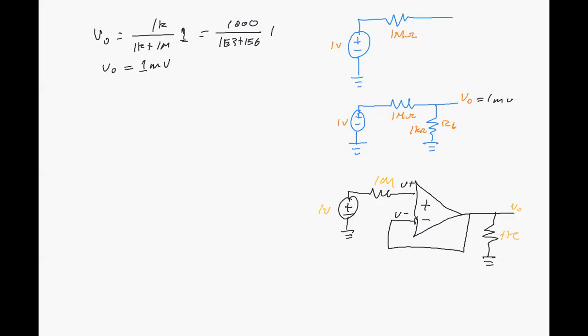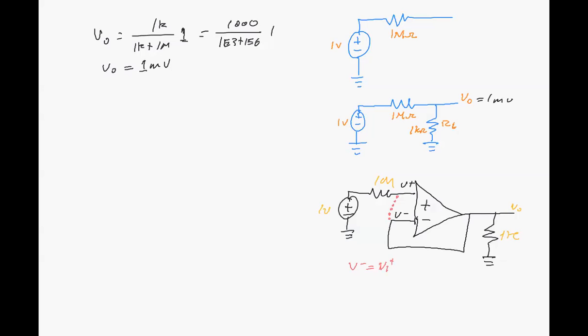Because there's no current flowing into the op-amp, no current flowing in here and no current flowing in here, the virtual short is active. And that means that the value of V plus is forced onto V minus. So V minus will be equal to V plus.